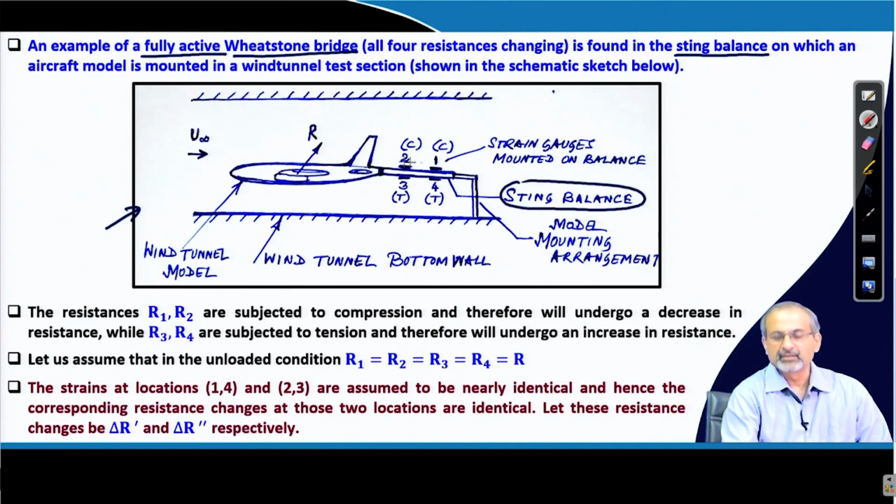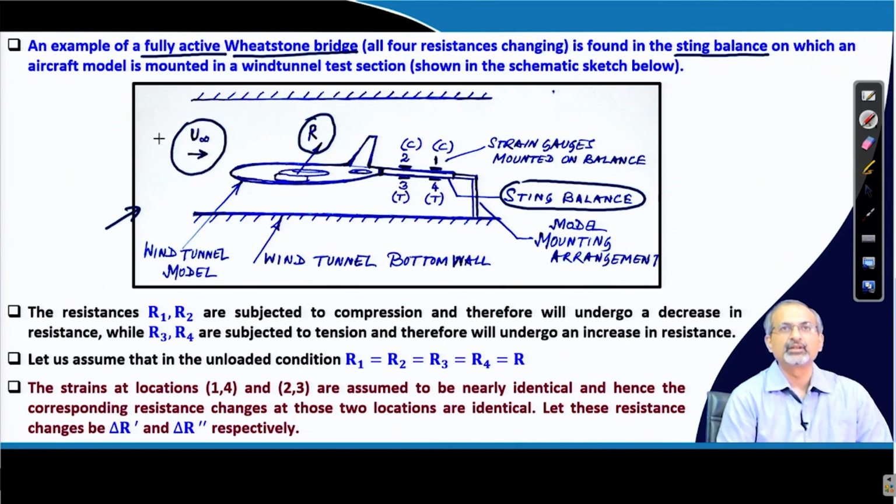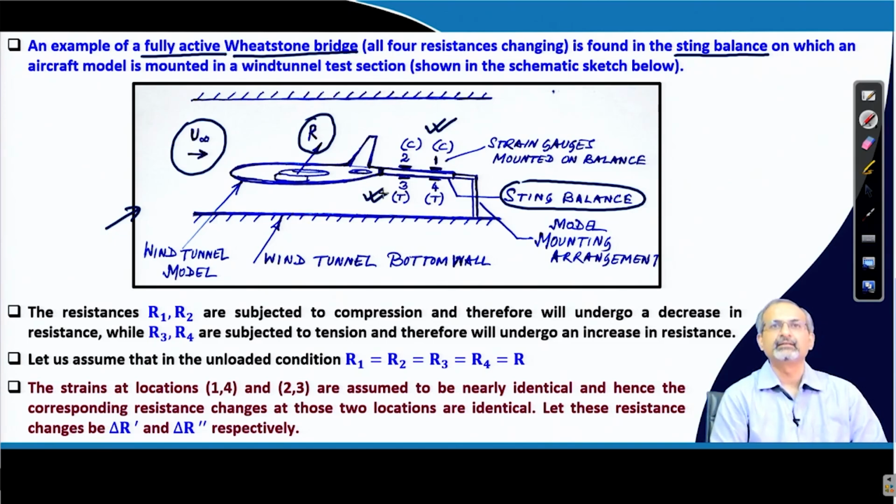You can see the strain gauges indicated as 1, 2, 3, 4 on the upper and lower surfaces respectively of the sting balance, and when the force and moment system is acting on the body, which is in response to the flow that is moving past the body, you can expect that the upper ones will undergo compression and the lower ones will be undergoing tension.